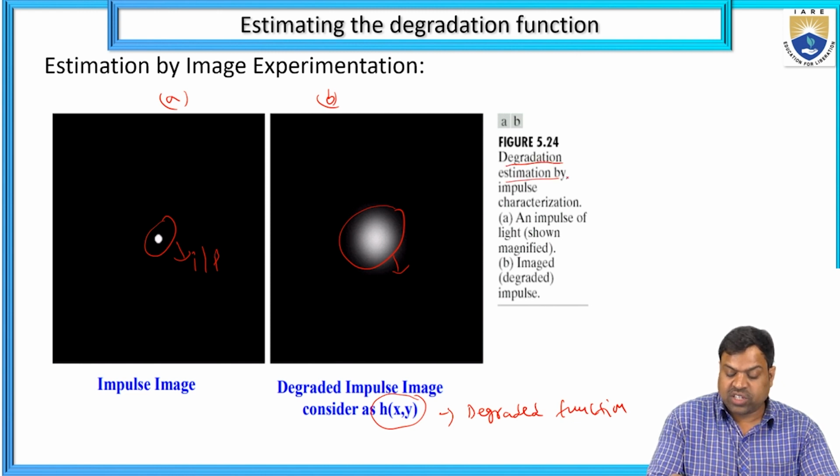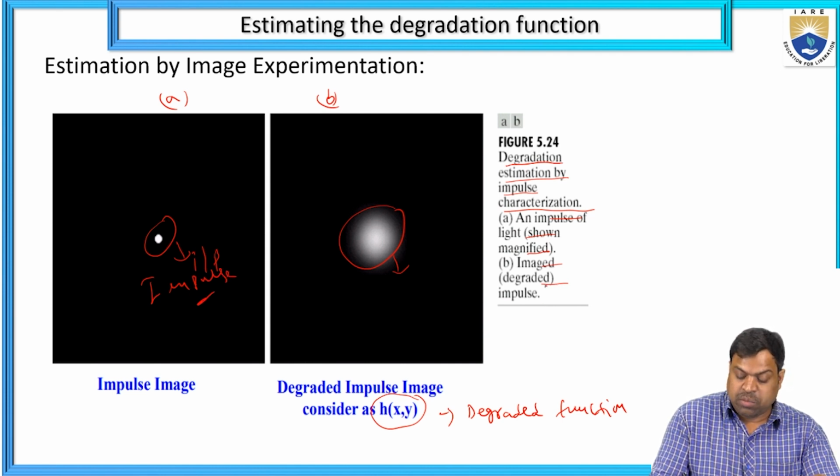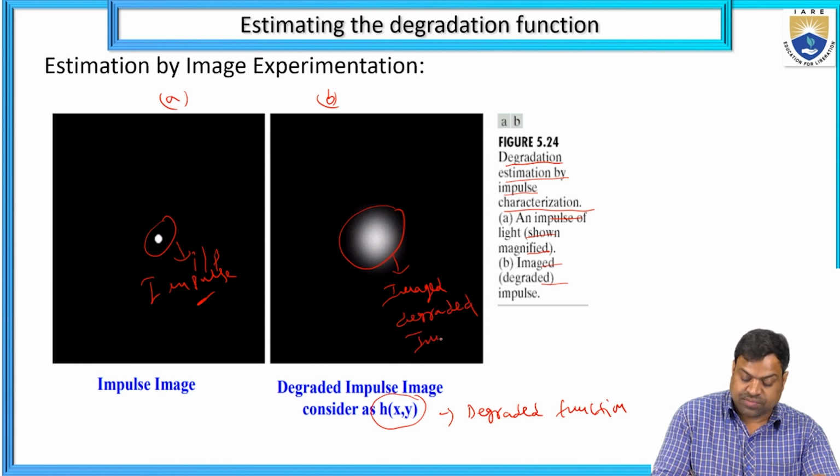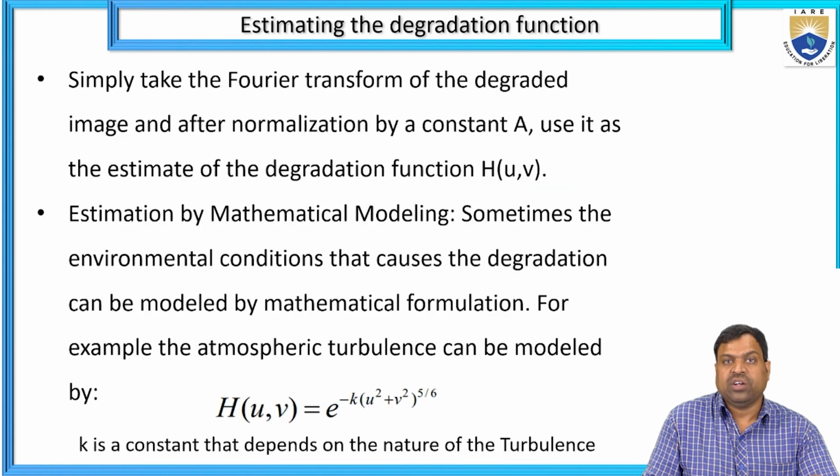So the degradation estimation by impulse characterization: the impulse is shown in figure A and the image that is the degraded impulse is figure B. It is an example of estimating the image degradation in figure A and figure B.